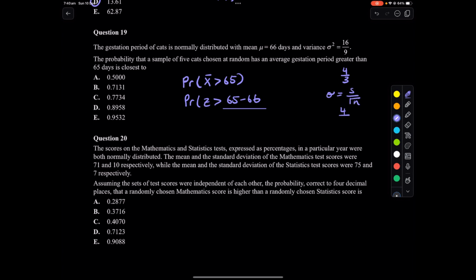Our s is 4 over 3, and we have 5 cats, so dividing by root 5, we get 4 over 3 root 5. So that is what we're going to use to calculate.